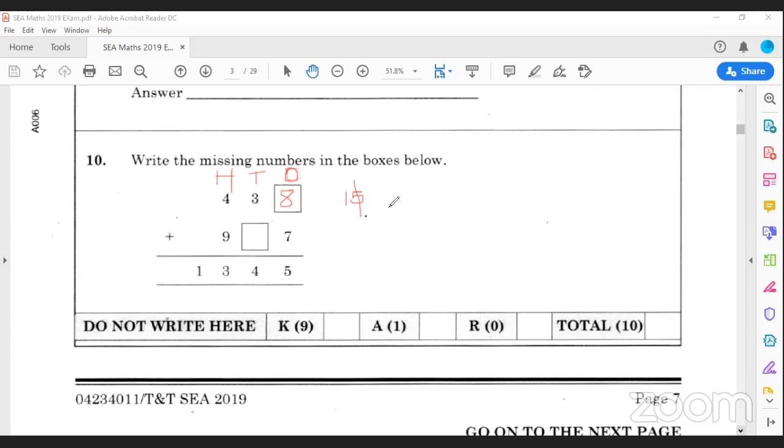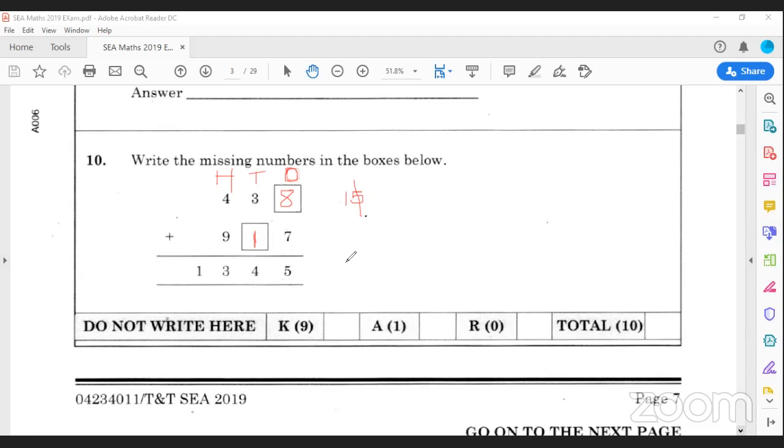Look at it. 3 plus the 1 on the outside is going to give me 4. Now we have what? 4 plus 9. 4 plus 9 is going to give me 13. So these are the missing numbers.